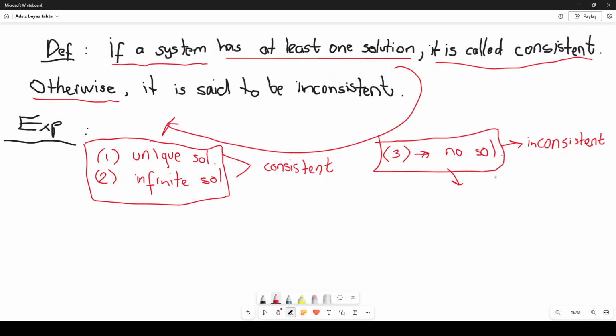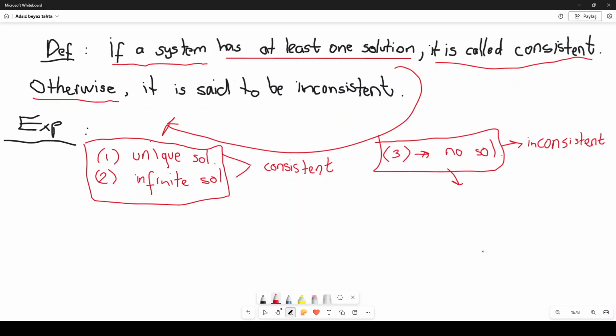Now, before diving into how we can show that, let's continue to think about this definition a little more. As I said earlier, we have two kinds of systems: homogeneous systems and non-homogeneous systems. In a homogeneous system, all the right-hand side values are equal to 0, as we learned in our previous lectures.